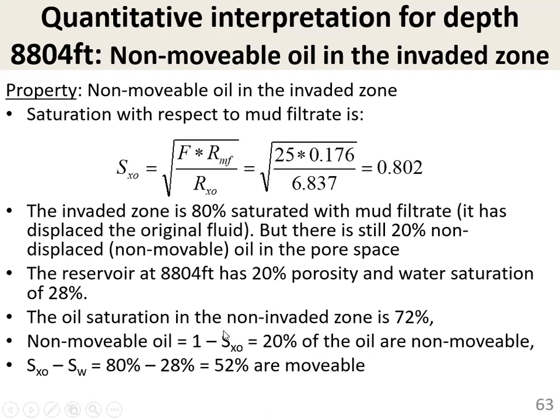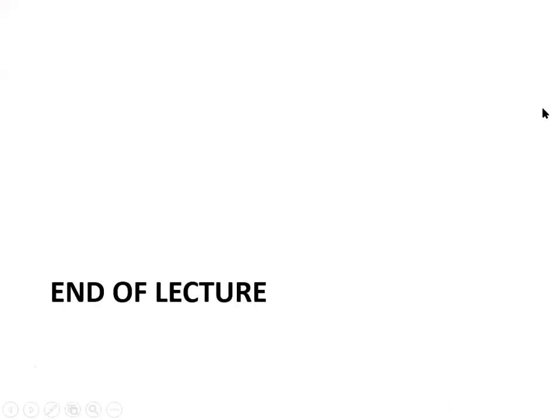So the percentage that could not be displaced is treated as oil that cannot be moved from the vicinity of the wellbore. And then to get the movable oil, movable oil is the flush zone saturation minus the water saturation. It's 80% minus 20%, which gives you 52% of the oil there, which is regarded as movable. And this brings us to the end of this class.